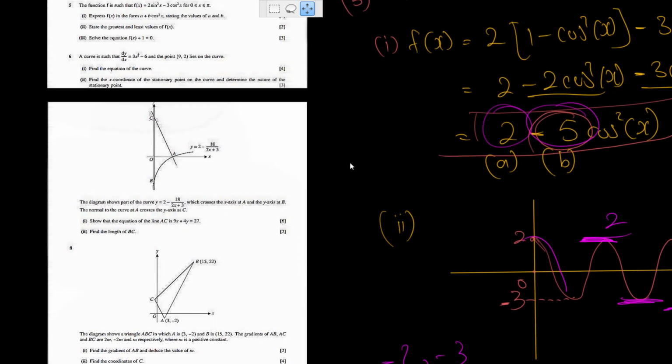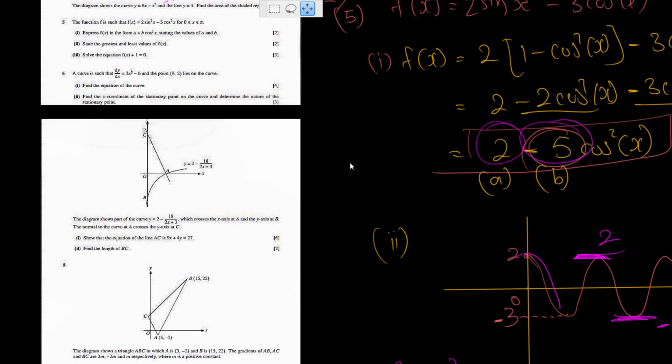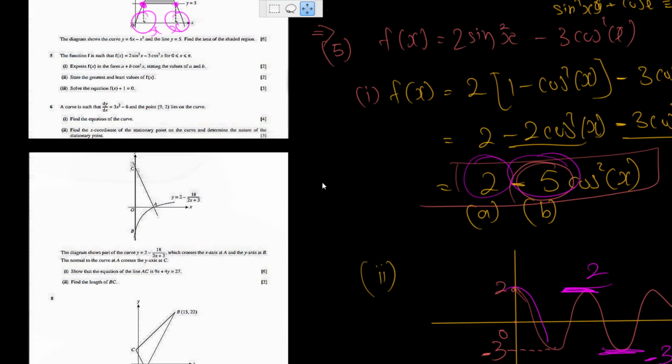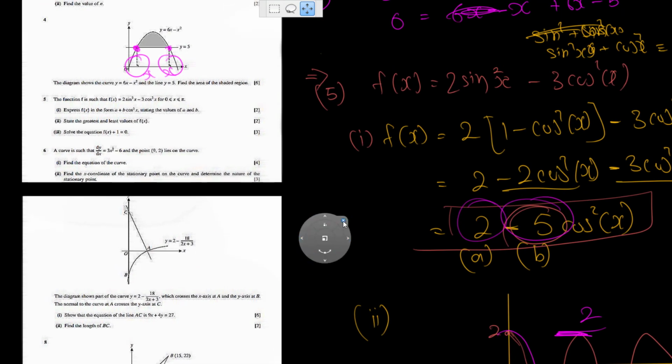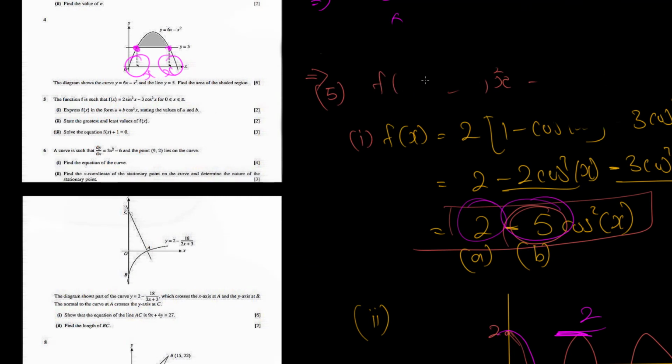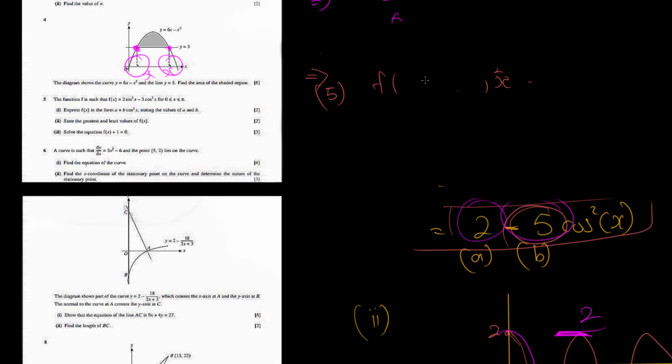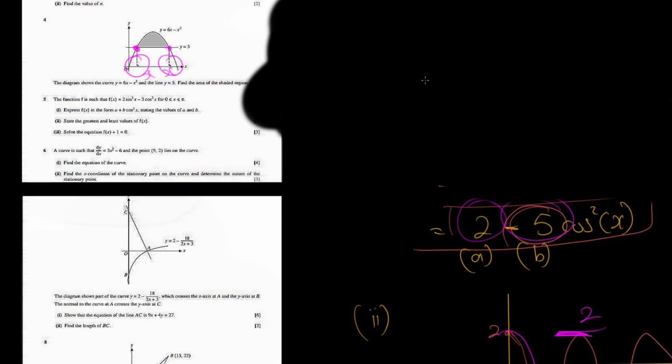Okay, moving forward. Part number 3. Solve for f of x plus 1 is equal to 0. Okay, let's do that. Let me erase this quickly. So I know that f of x is equal to 2 minus 5 cos square x. Now we want to solve for f of x plus 1.